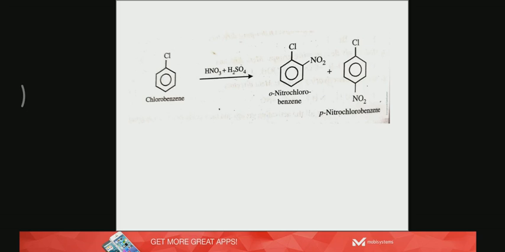The second category of functional groups are electron withdrawing groups, which are deactivating and meta directing, with an exception of halogen, which are deactivating due to minus I effect and ortho-para directing due to its plus R effect, which operates simultaneously.